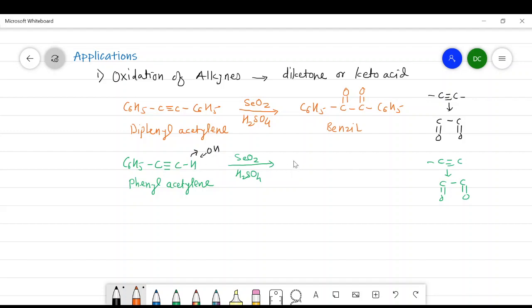That's why we get a structure that is C6H5 C double bond O, C double bond O and finally OH, and it is known as a keto acid.